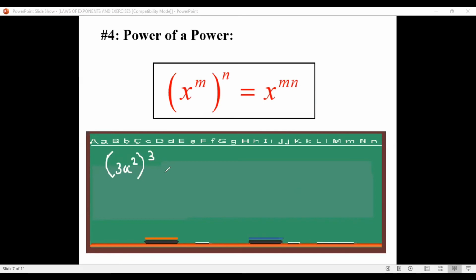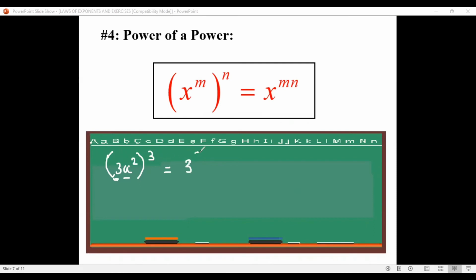So if you have this, it's just proper that we distribute our exponent to each of the elements inside the parentheses. So when you have 3a raised to the second power, this simply means that you have 3 raised to the third power, which means this is understood to have an exponent of 1. 1 times 3 is equivalent to 3.